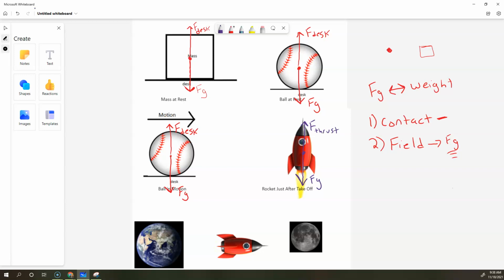We've got this thrust force upwards. Notice it's not the desk. There's no desk there, but there's something else making it go up. There's some force up. And now this rocket slowly begins to get faster and faster.